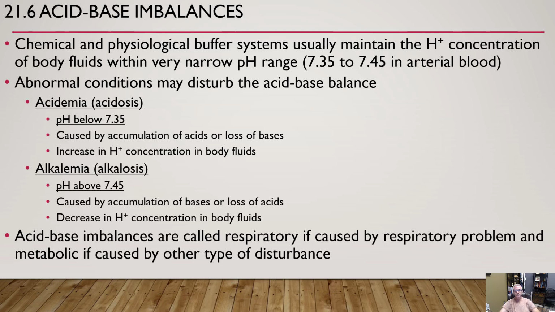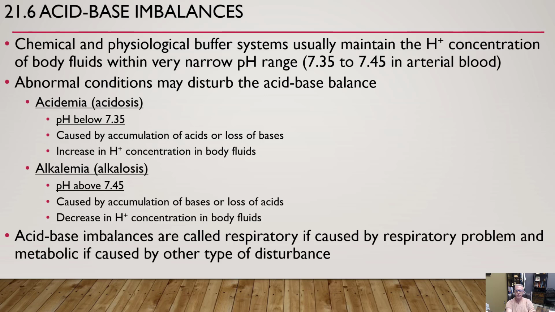On the flip side, if we have gone above 7.45, we are in a condition called alkalemia or alkalosis. That's because we've either lost too much acid or we've gained too much base. So we've decreased our hydrogen ion concentration in our body fluids.